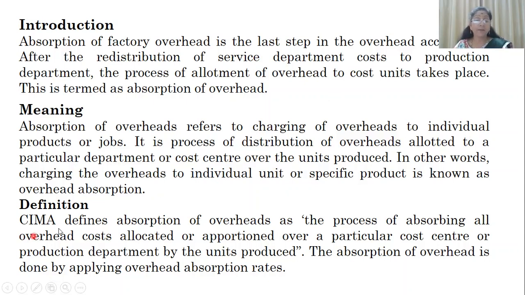According to CIMA, absorption of overheads is the process of absorbing all overhead costs allocated or apportioned over a particular cost center or production department by the units produced. What is the cost center?